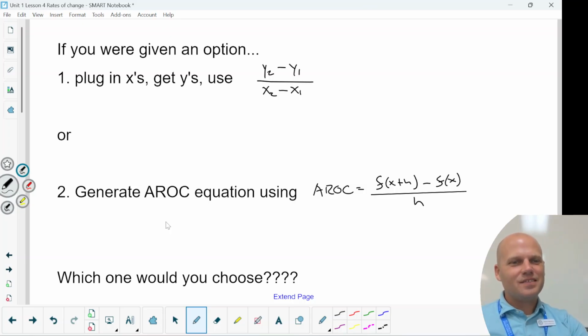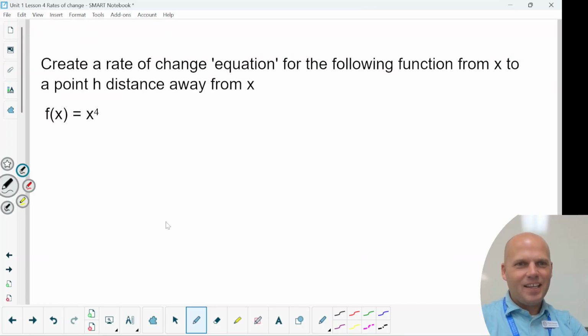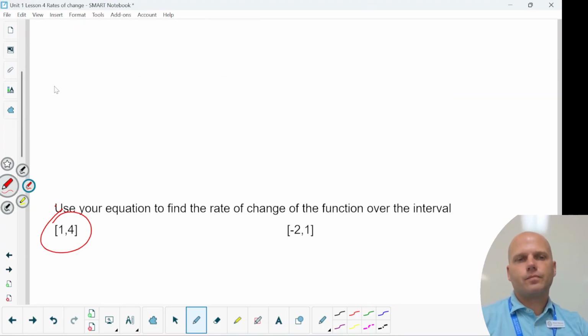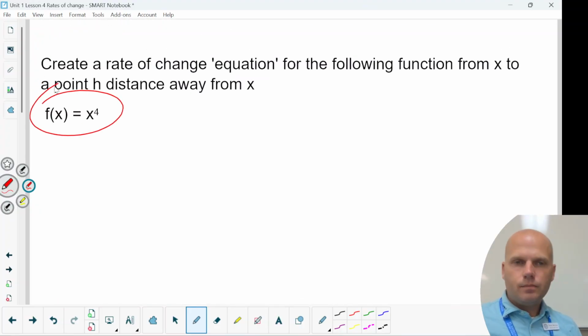Cool. Well, let's say I gave you this x to the fourth, and I said, hey, give me the average rate of change from 1 to 4. What would you do?